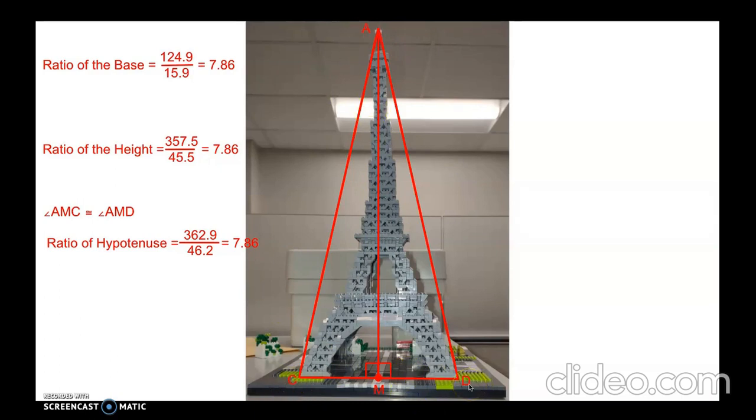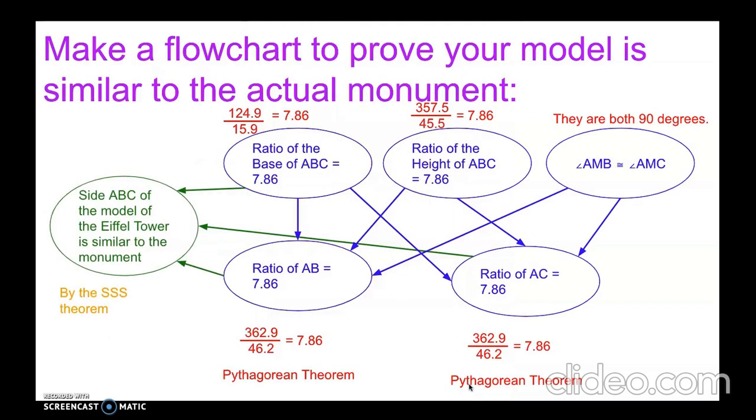ACD. But really all we're going to do is use that exact same proof here, and we're just going to change the letters. So the ratio of the base of ABC, well, this isn't ABC anymore, now it's ACD. Same thing with the height, instead of ABC, now it's ACD. The angles, instead of AMB and AMC, it's going to be AMC and AMD.